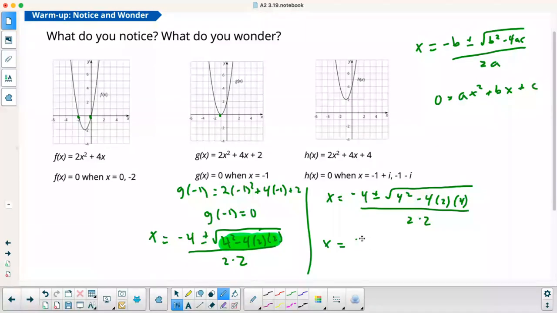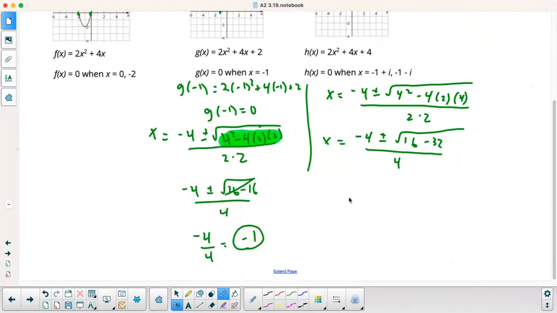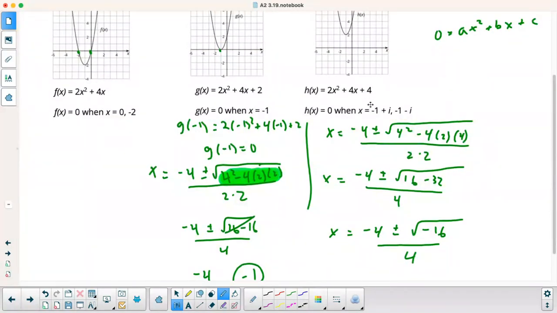You go ahead and do this and you get negative 4 plus or minus the square root of 16 minus 32, over 4. You see that this number under your radical is going to be negative. That's what the book wants you to recognize here. When you get a negative under the radical, that causes us to have these complex solutions.